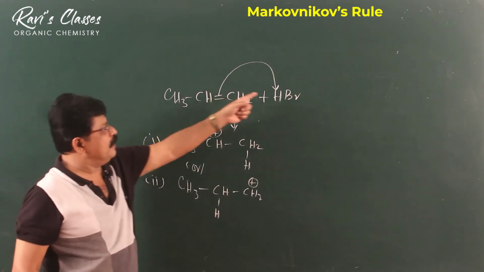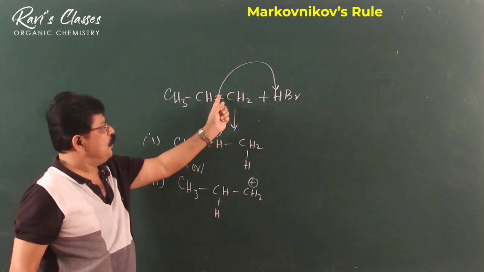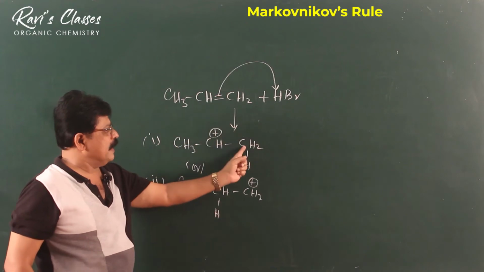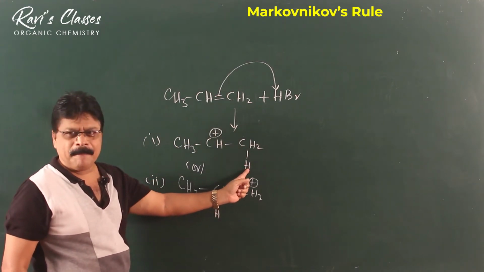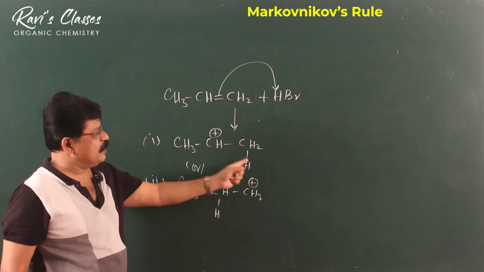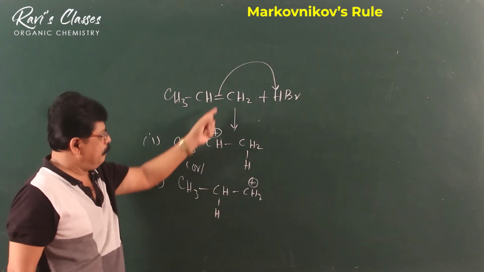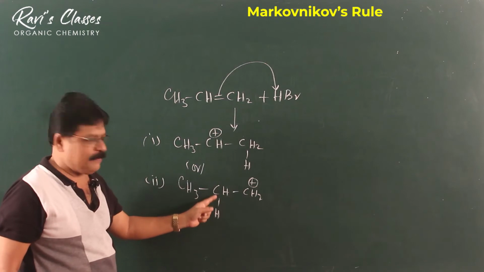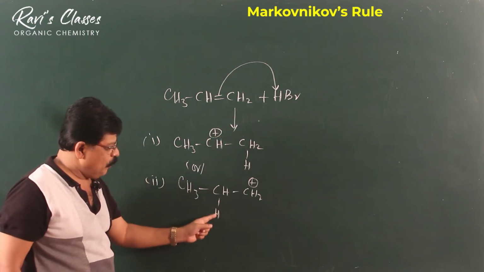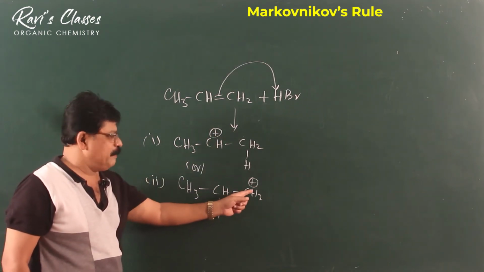So, the pi bond takes up the H plus. The H can form a bond here, and this carbon has lost its electron and becomes plus. Or the pi bond can take up the H and form the sigma bond here, and then this becomes plus.